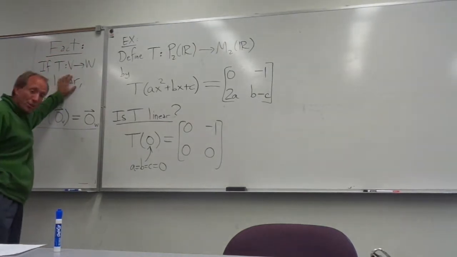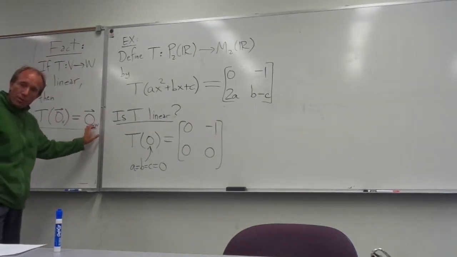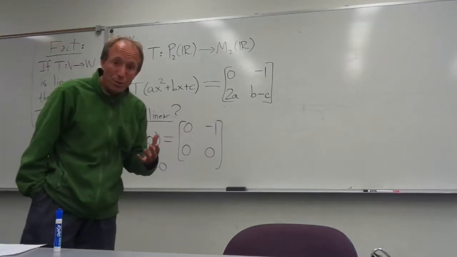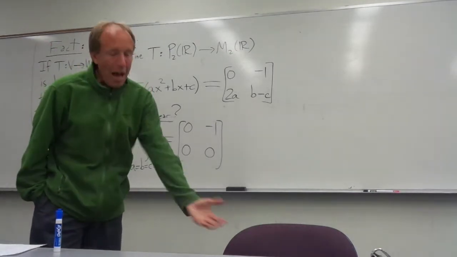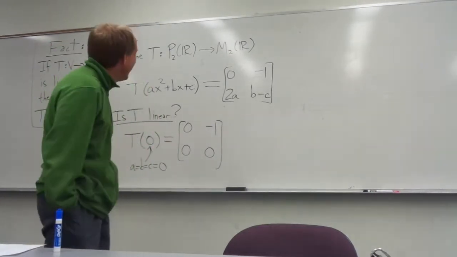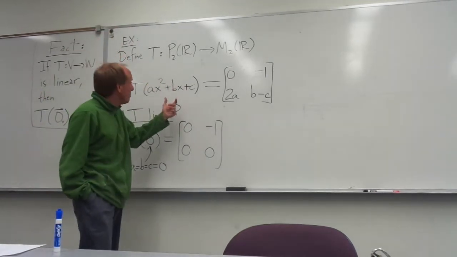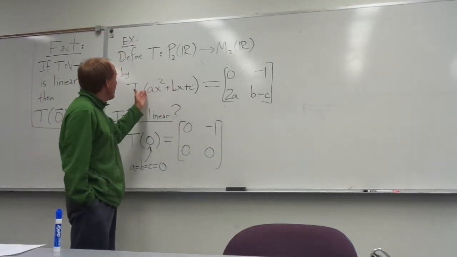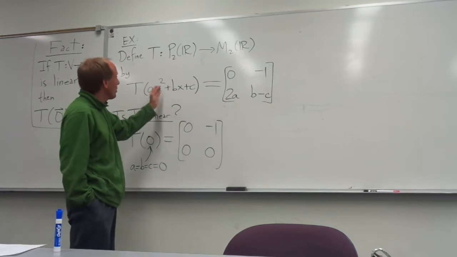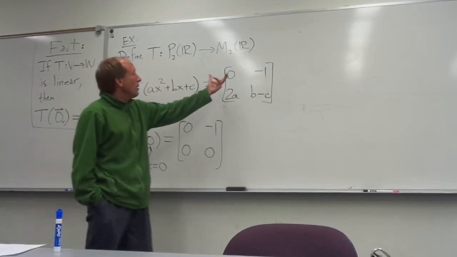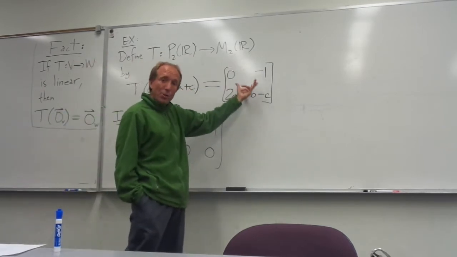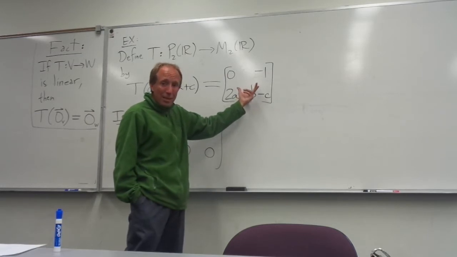T is linear just means that the zero vector must go to the zero vector. If that's not true, then T is not linear. Okay? So this is a good example of that. If I input this polynomial, ax squared plus bx plus c, and associate this output matrix with it, it's not going to be linear.